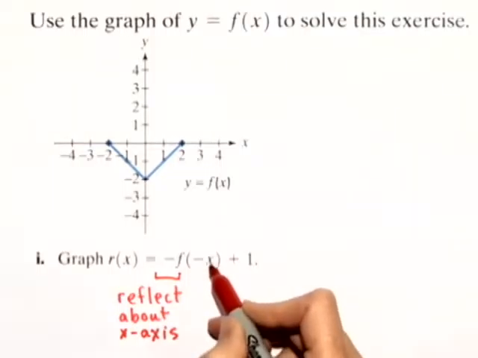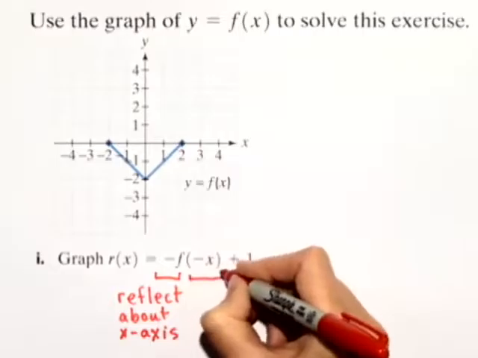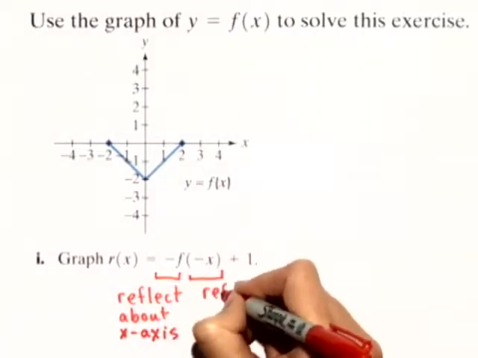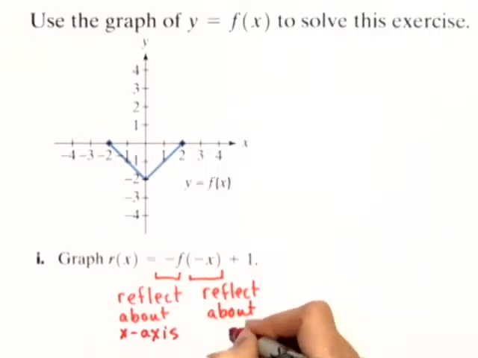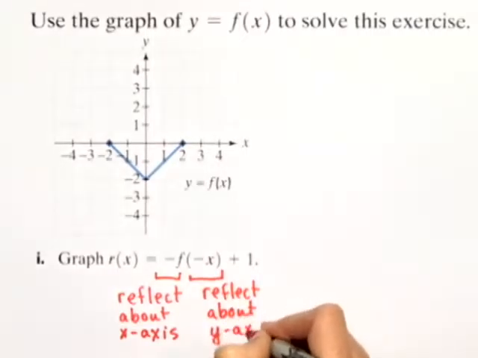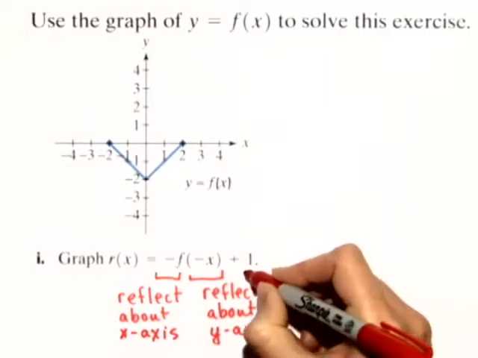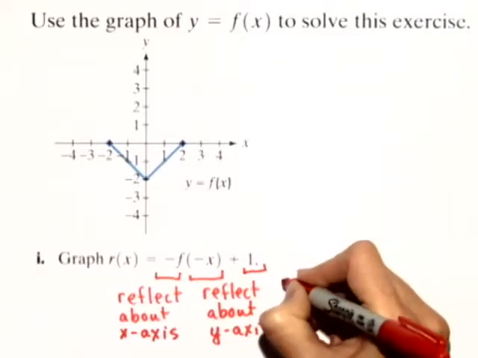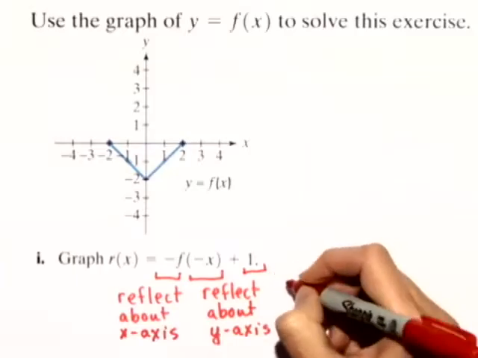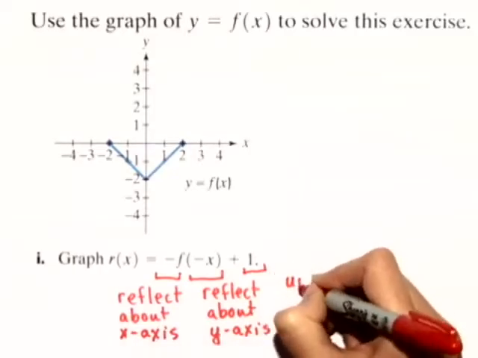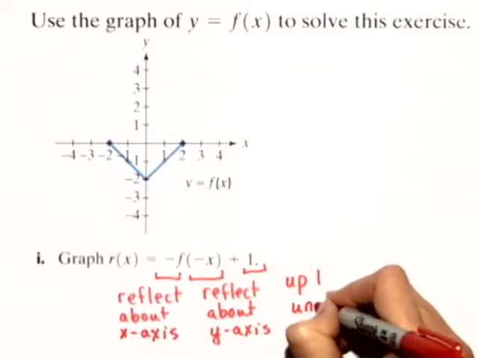The negative x inside of the function says that we reflect about the y-axis. And this plus 1, remember, indicates a vertical shift of 1. So we move up 1 unit.